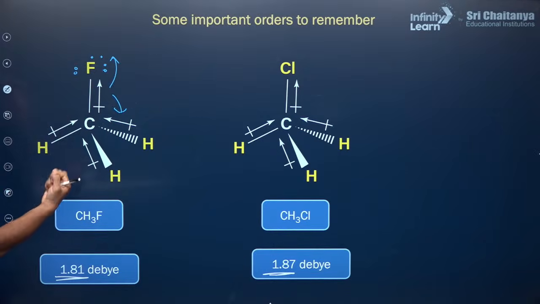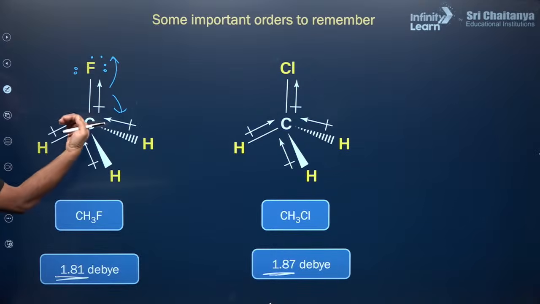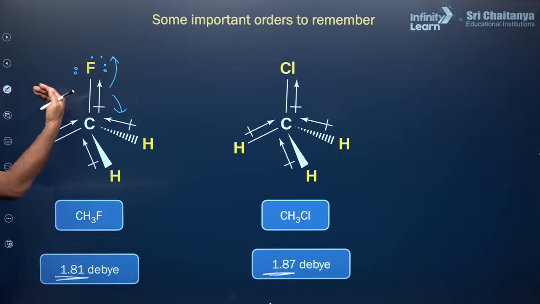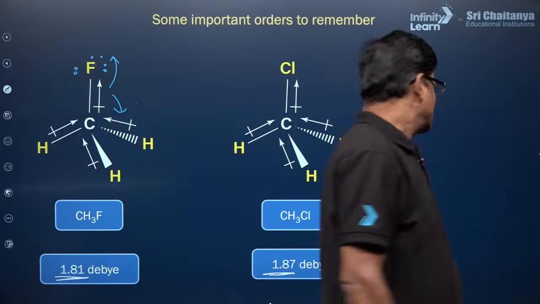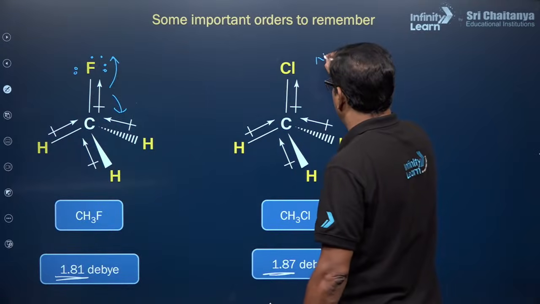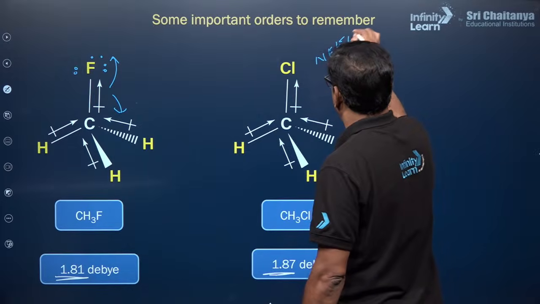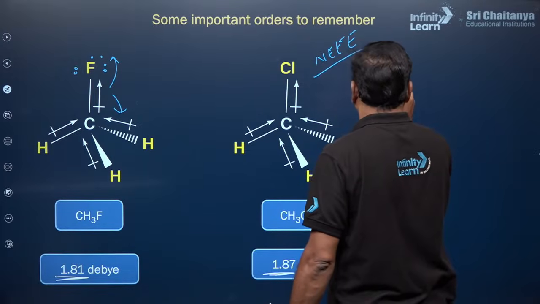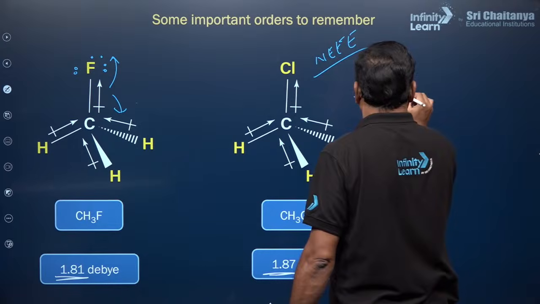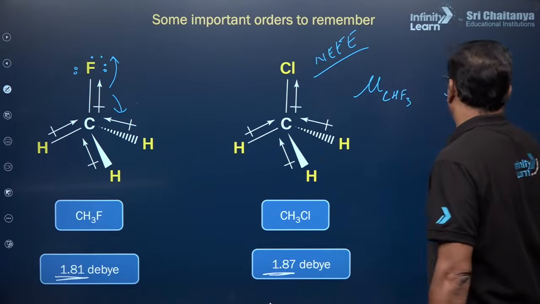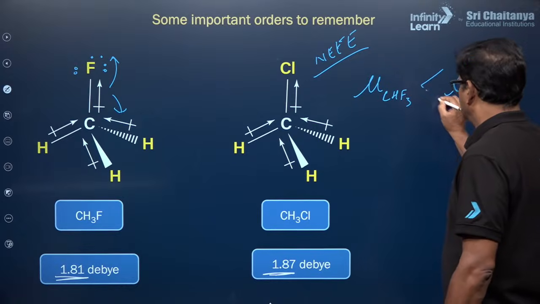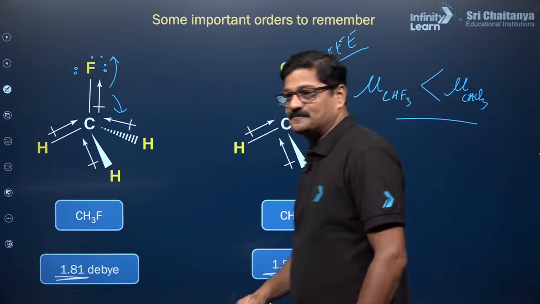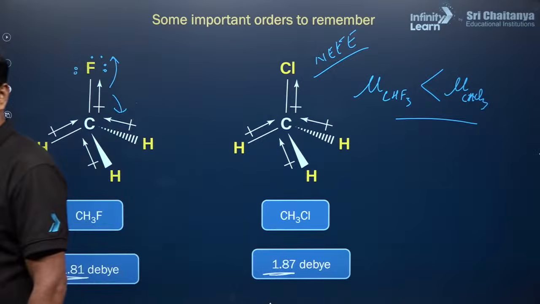That's the reason the bond is pulled towards this, and of course there is a back bonding kind of concept also we can discuss here, right? So this pointer is very important in the NEET examination. The resultant dipole moment of CHF3 and the resultant dipole moment of CHCl3. So CHCl3 is slightly greater.